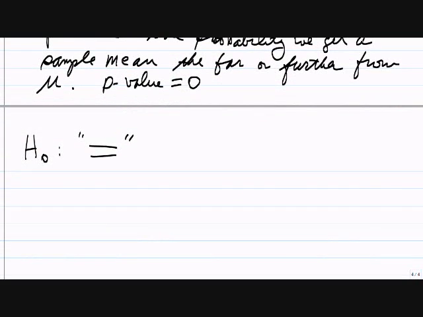And the alternative hypothesis will always be either not equals, greater than, or less than. And these are always about population parameters and never the samples are mentioned in the hypotheses. More tomorrow.